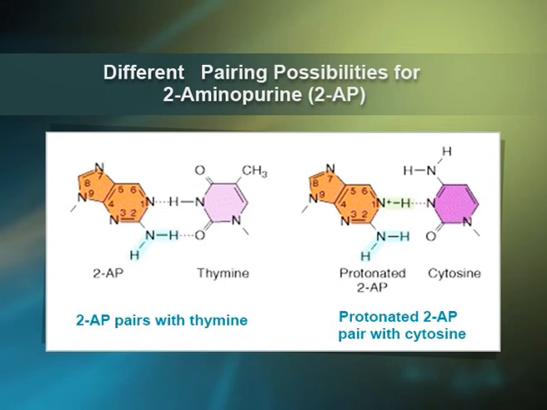Or if 2-aminopurine is incorporated by mispairing with cytosine, then GC-AT transitions will result when it pairs with thymine. Genetic studies have shown that 2-aminopurine like 5-bromouracil is highly specific for transitions.